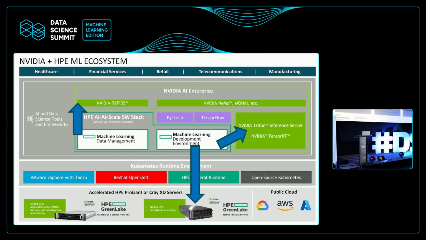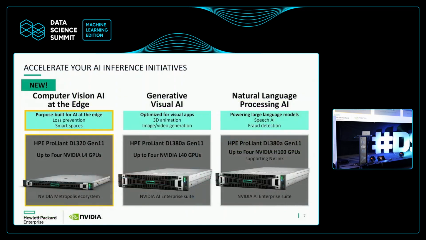All of this is nicely packed for different use cases: AI at the edge, visual apps, 3D animation, image or video applications, as well as LLMs, speech recognition, and fraud detection. And these solutions can handle up to 4 H100 chips.